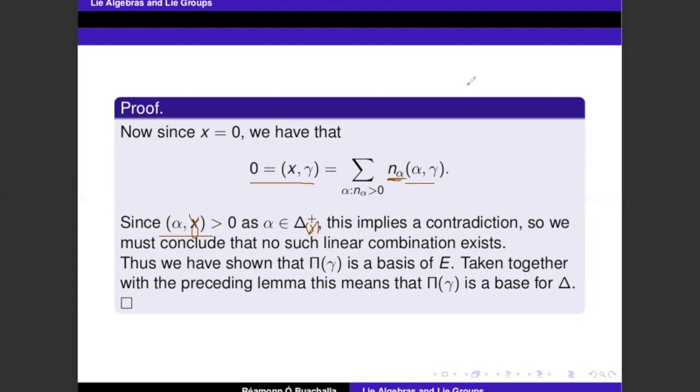And that's great. So that means in particular that every root system admits a base, which means that it's a good idea, something that is going to be a useful tool when trying to study root systems.